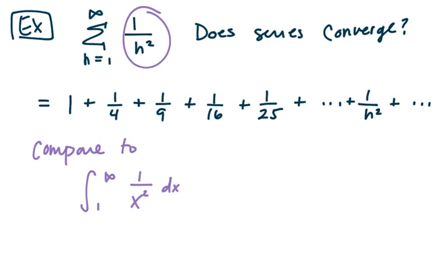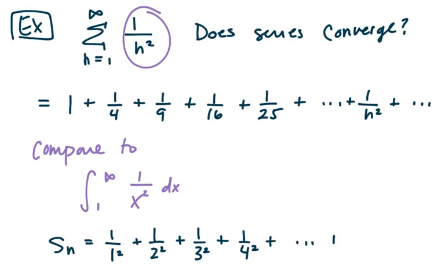So if I started listing out all of the terms of the series, I would say, well, the sum of my n terms is 1 over 1 squared plus 1 over 2 squared plus 1 over 3 squared, continuing on to 1 over n squared.